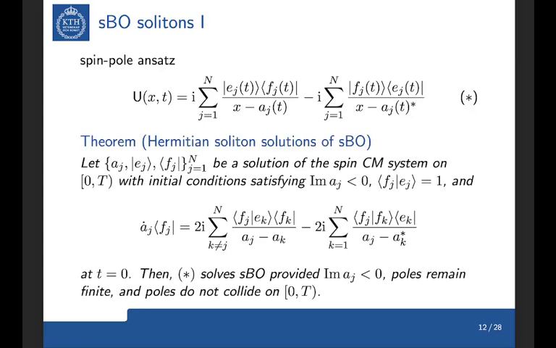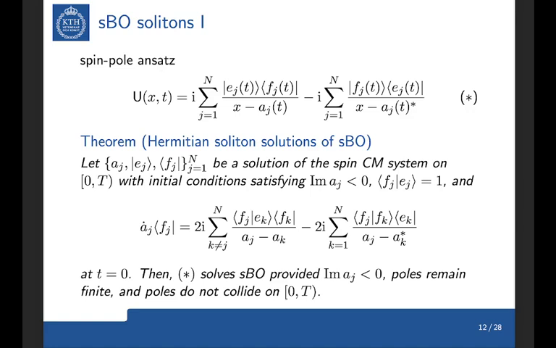Well, our main result is the following. It's a construction of Hermitian soliton solutions of the spin-Benjamin-Ono equation. So if we have a solution of the spin-CM system on some interval with initial conditions that satisfy some constraints, namely that the imaginary parts of the poles are negative, this familiar inner product constraint between the f_j's and the e_j's, and this new constraint, first order equations of motion for the a_j.